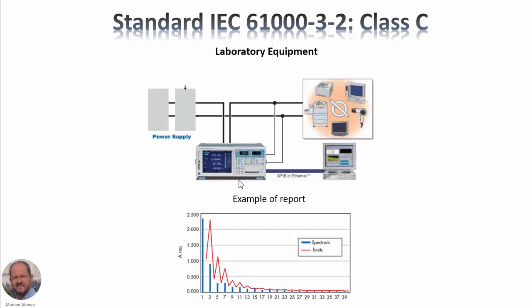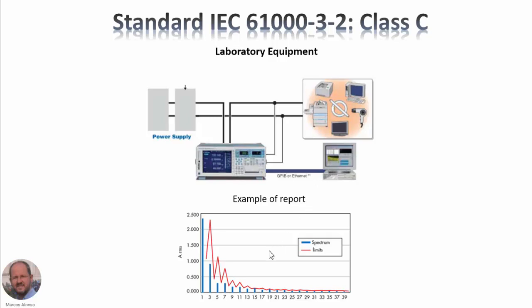It can measure the power absorbed by the converter and also analyze the current waveform in order to calculate the amplitude of each harmonic. We can connect also a computer to do all the representations and analysis.